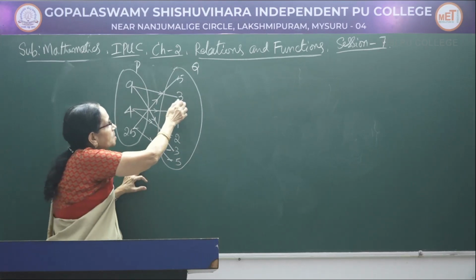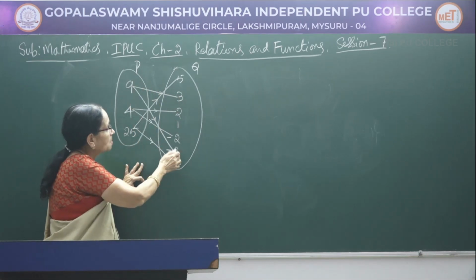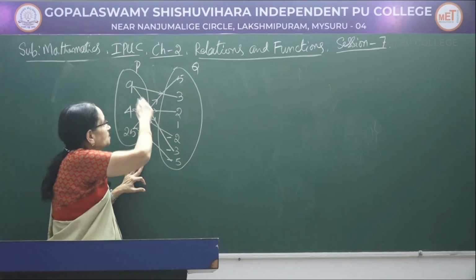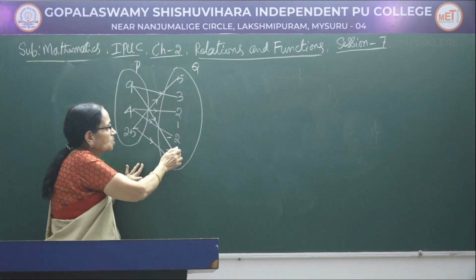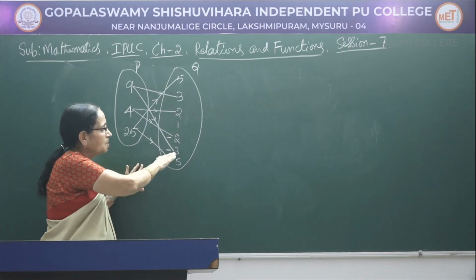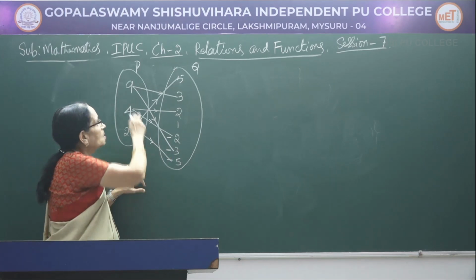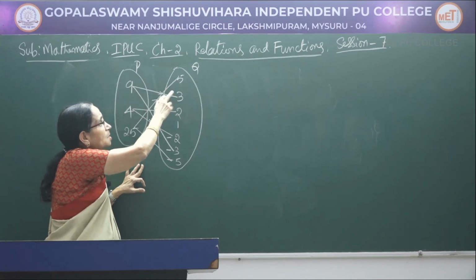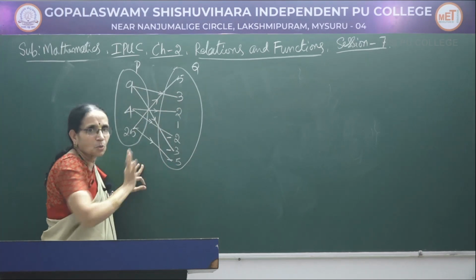So 3 square, that is B square, is 9, and this is A. We take A from the first set, B from the second set. So A is equal to B square, and here also A is equal to B square. Don't worry about the sign here, plus 3 or minus 3, when you square them it automatically becomes a positive quantity. So using this we can say, if you take A from the first set and B from the second set, A is B square in both cases.